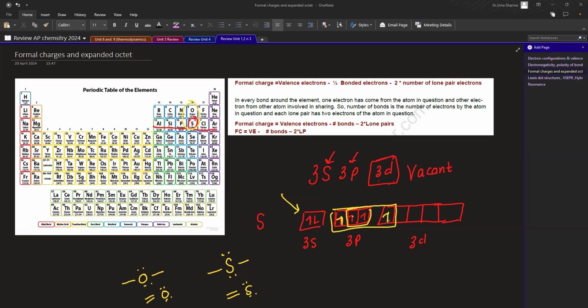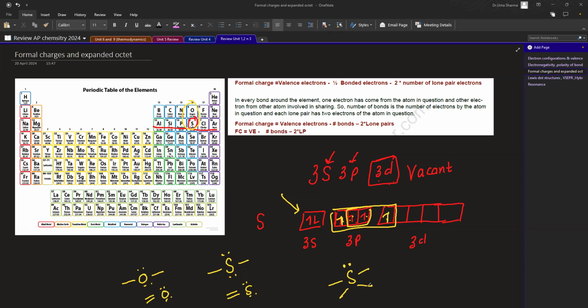How many unpaired? 1, 2, 3, 4. 4 unpaired, so it can make 4 bonds. It can invite 4 electrons for bonding. Okay, so that's the thing like this. Check the formal charge.